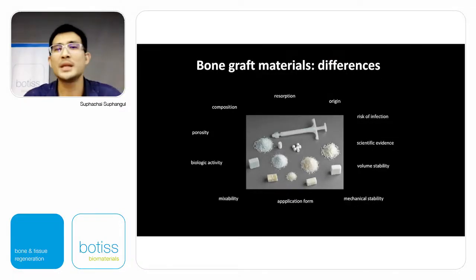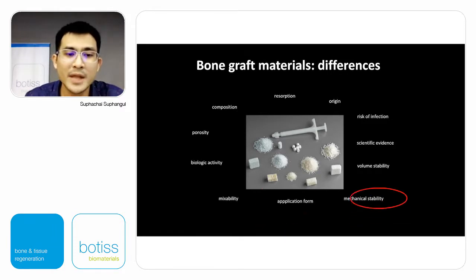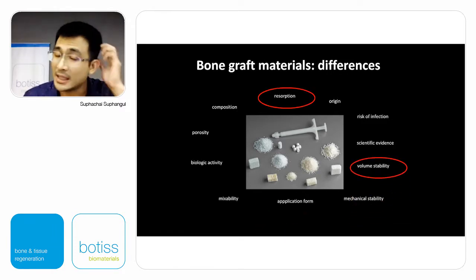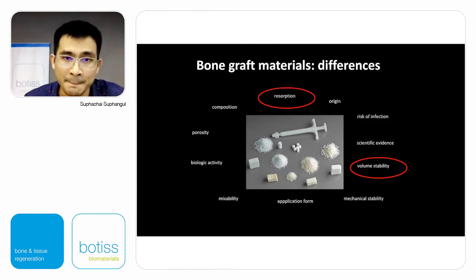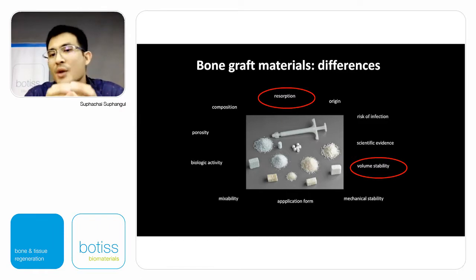The differences between bone graft materials involve many issues, but in implant dentistry we focus on two: first, the resorption, and second, the volume stability. After a bone graft in the aesthetic area, we would like to get volume to support the implant.